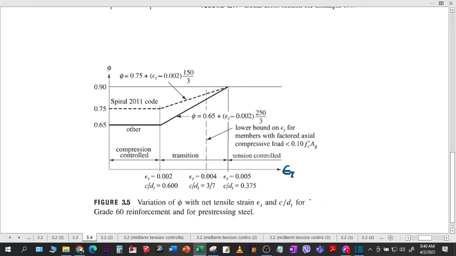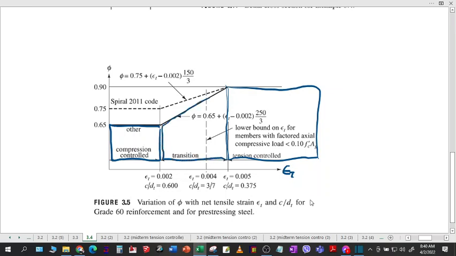Now we have three zones here for the strain. We have the compression controlled, which is here. We have the tension controlled, which is here. And we have this gray area here, the transition between tension controlled and compression controlled.